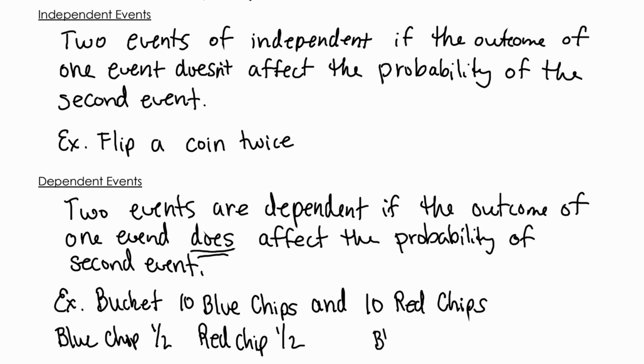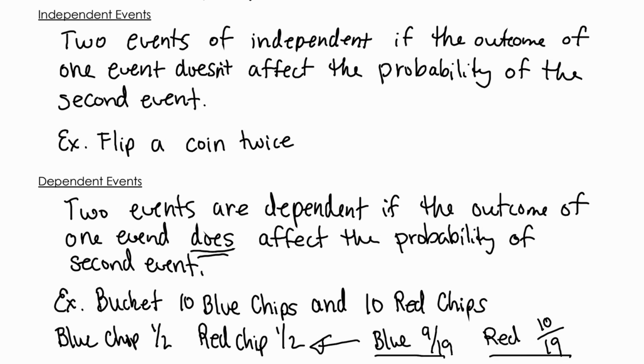If I get a blue chip, that probability on the second pull would be 9 out of 19 now, because I only have 9 blue chips in there. The probability of getting a red chip is now 10 out of 19 instead of 10 out of 20. There are still 10 red chips left in there, but out of a total of 19.